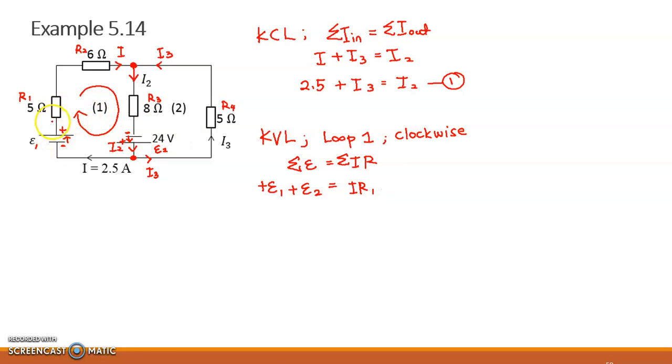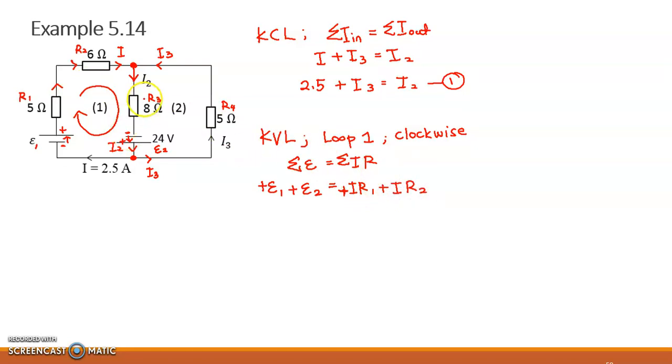The current I flows in this direction, so it has the same direction as the loop. So it will be a positive sign. For R2, the current that flows through R2 is also I, the same current, and the direction is the same as the direction of the loop, so it will be positive I R2.